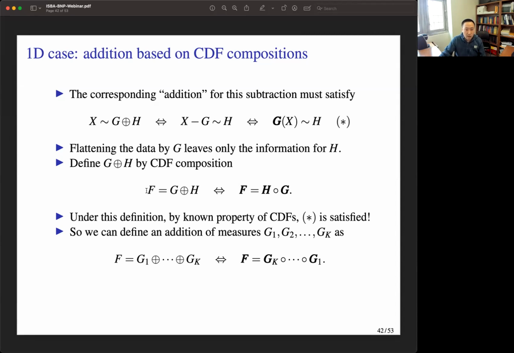It turns out that the appropriate addition is very simple. The addition of G and H corresponds to taking the CDF composition. If we take the composition of H and G to get a new probability measure, CDF F, then F will be the distribution from which X is distributed, such that if you take the residual from G, it will be distributed as H.